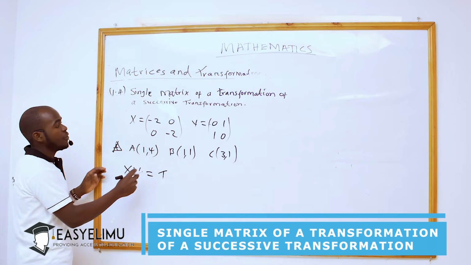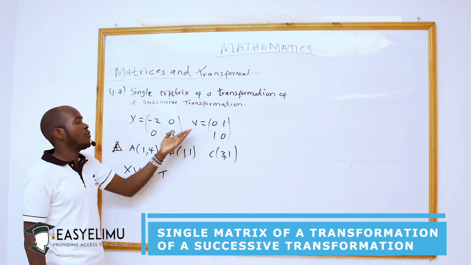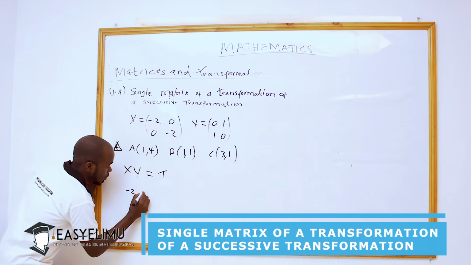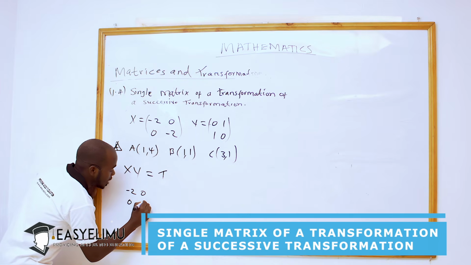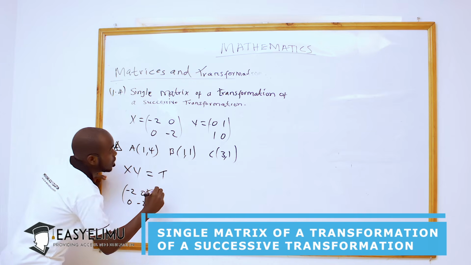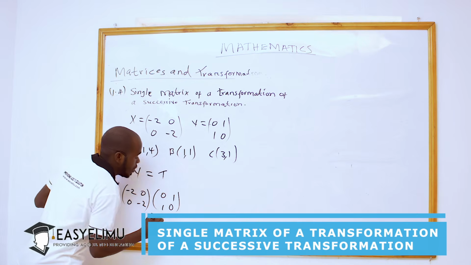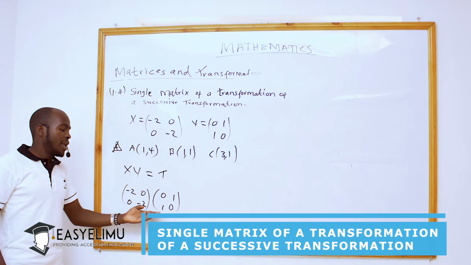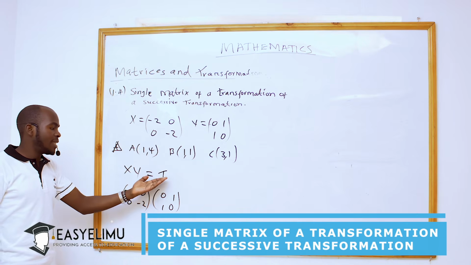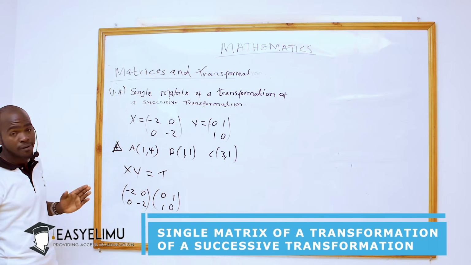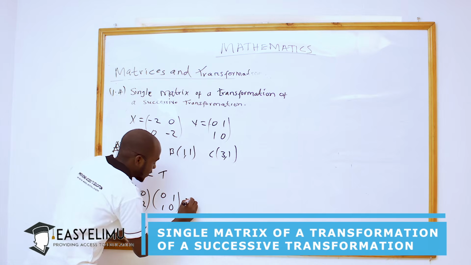Meaning that if we want a single transformation for both of them, we shall start with -2, 0, 0, -2, then 0, 1, 1, 0. Now we can find T, which is a single matrix of transformation for the two successive transformations.